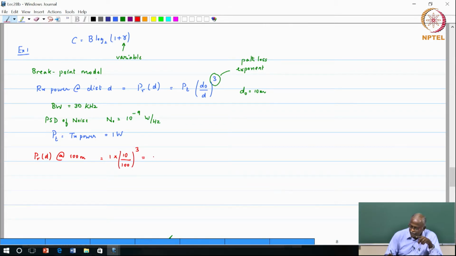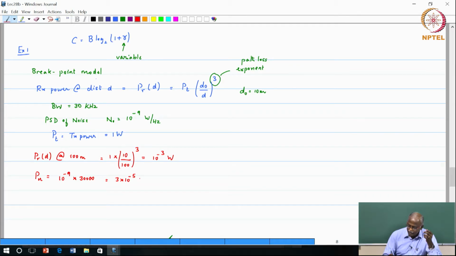So, effectively it is 10 power minus 3 watts. Okay. What is my noise power? It is always fixed, it is 10 power minus 9 watts per hertz into 30,000, which is my bandwidth of my signal, that comes out to be 3 into 10 power minus 5 watts.